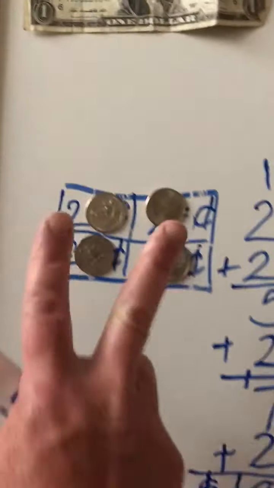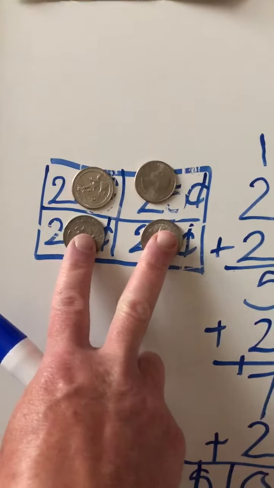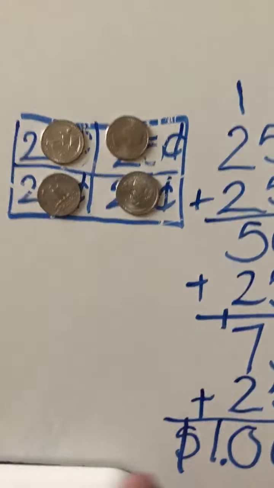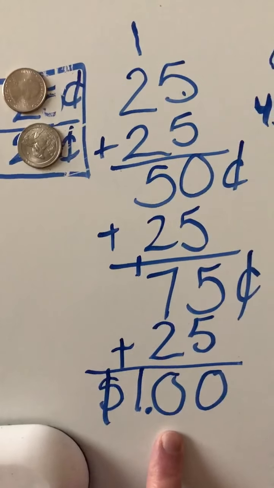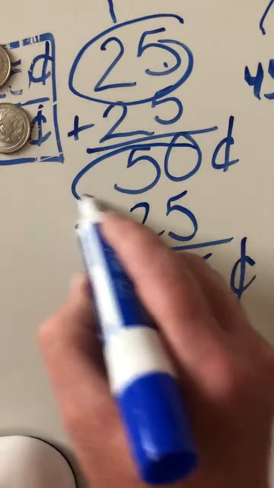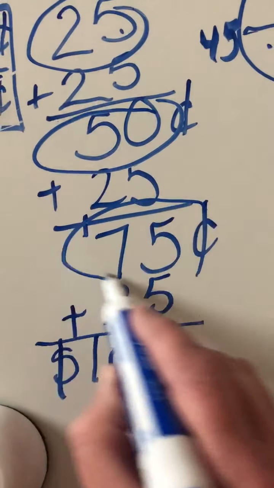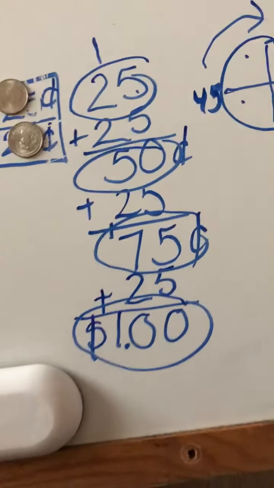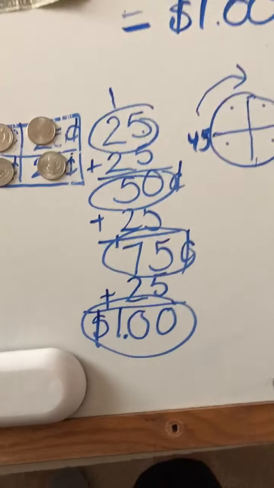So 4 parts, 4 quarters, 4/4 make $1 because you have 25, 50, 75, 100, or $1.